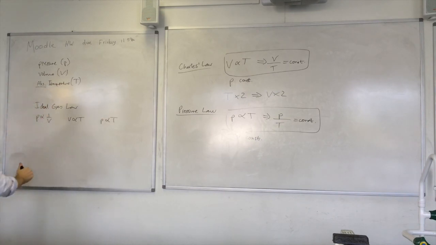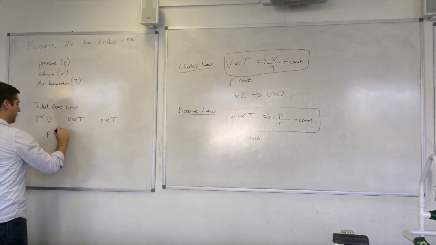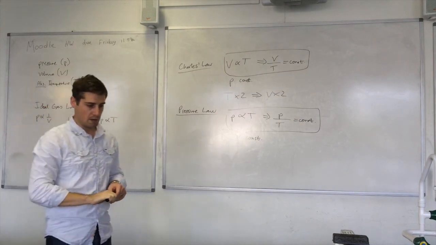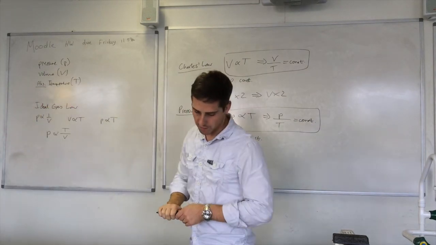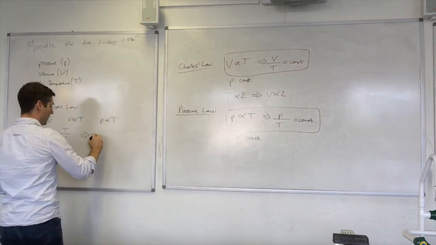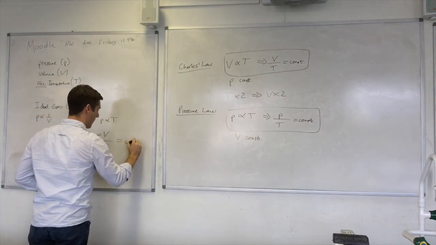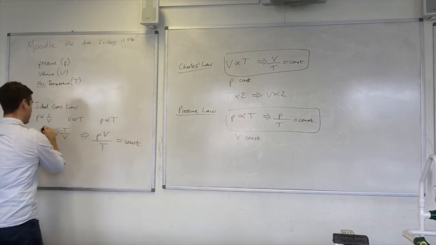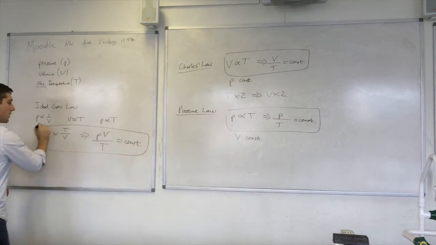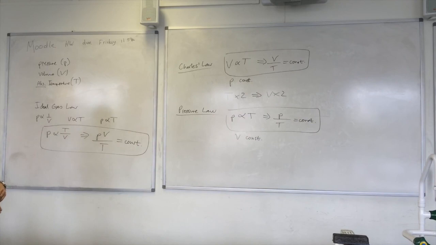P is proportional to T over V, and that means that PV divided by T is equal to a constant.